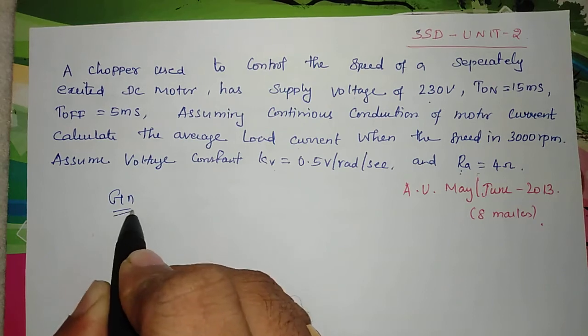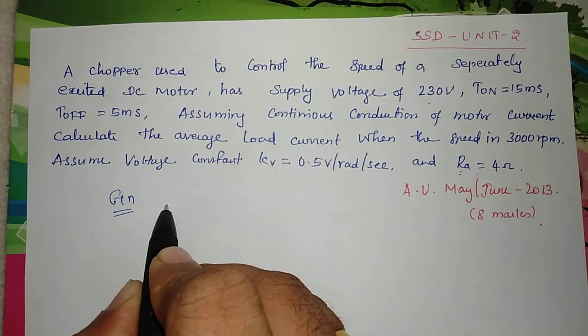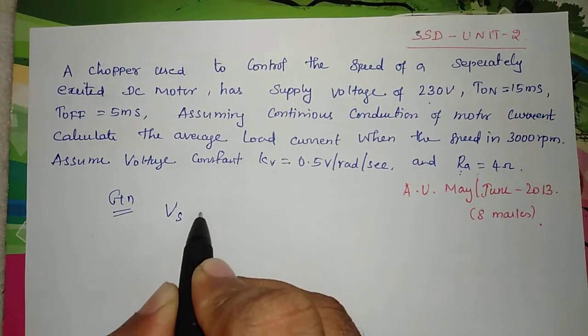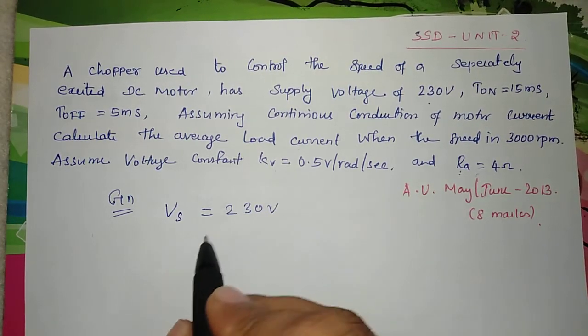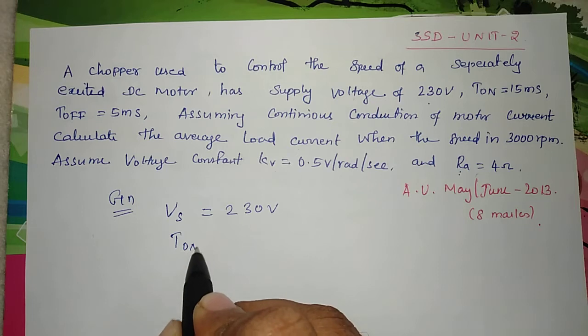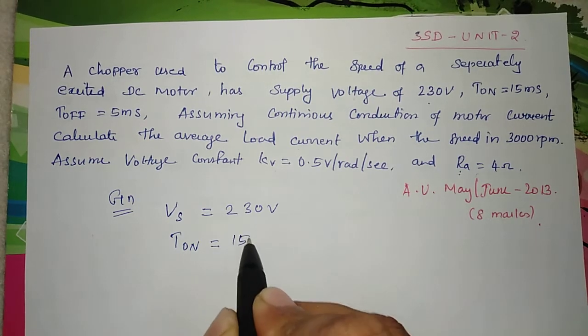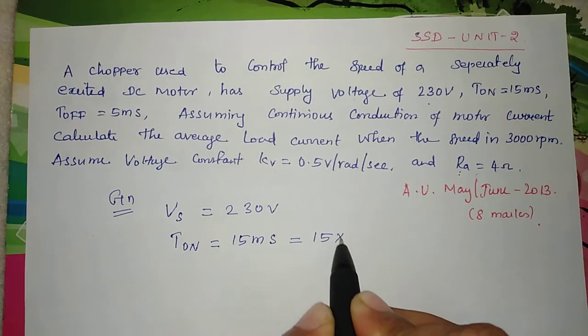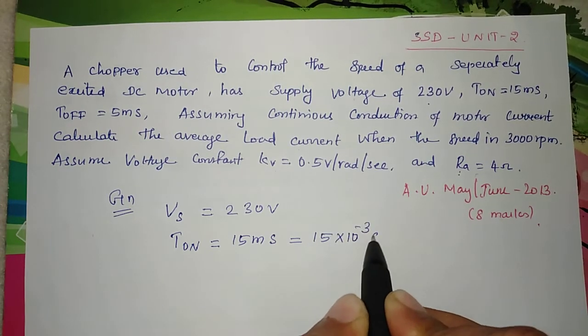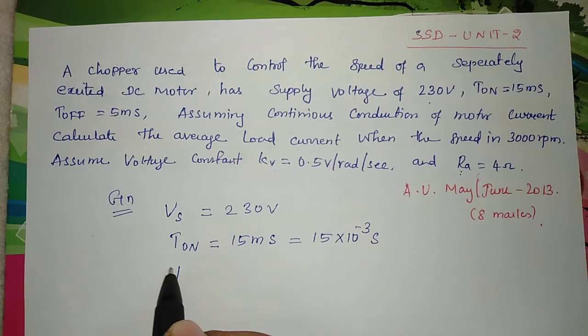Given data: here we are given the supply voltage Vs, which is 230 volt, and the switch is turned on for 15 millisecond, that is 15 into 10 to the power minus 3 second. And how much time is the switch turned off?